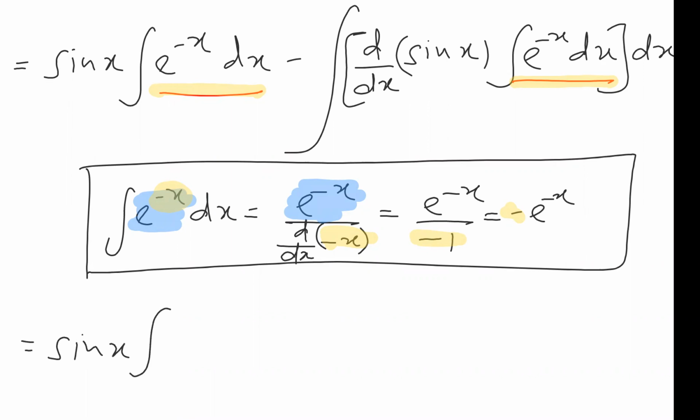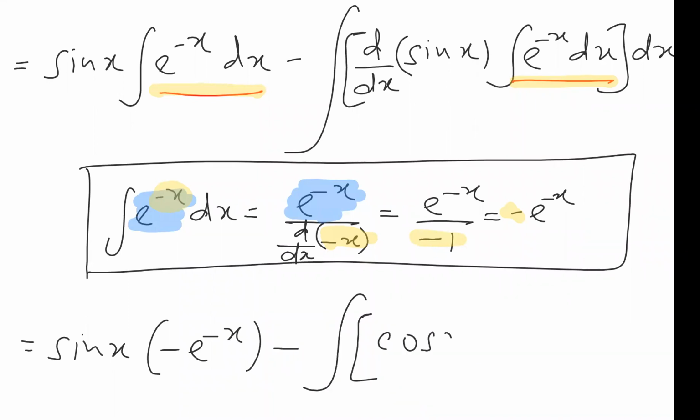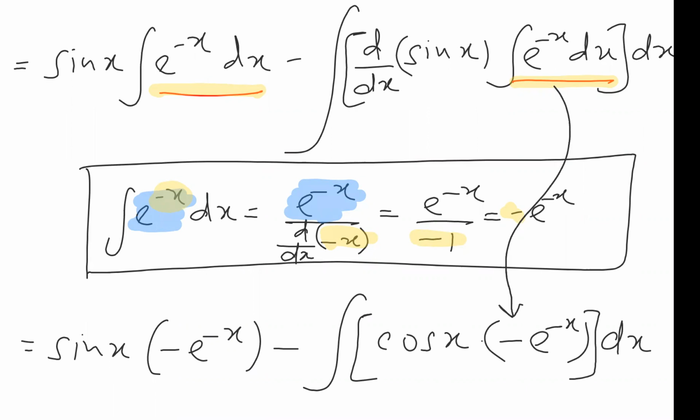sin x, integration of e raised to minus x is minus e raised to minus x, minus bigger integration d by dx of sin x is cos x, and this is minus e raised to minus x dx. Okay.